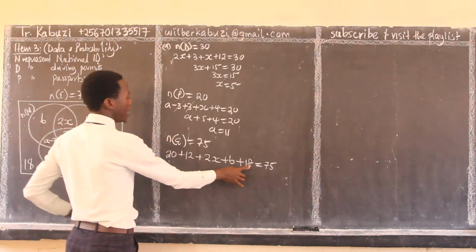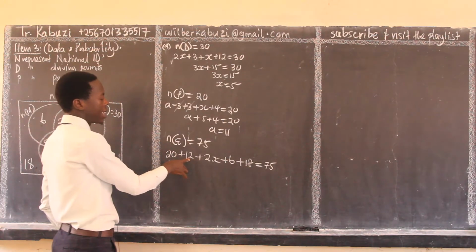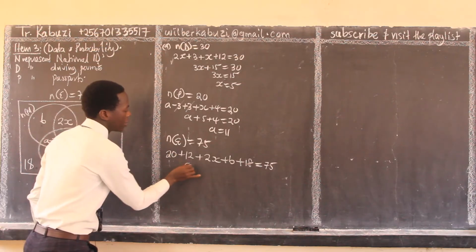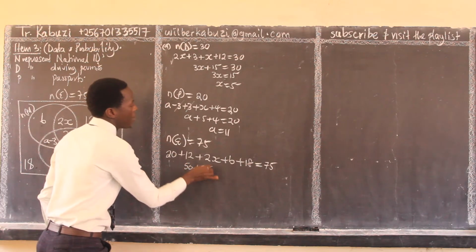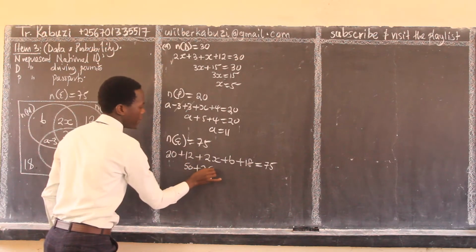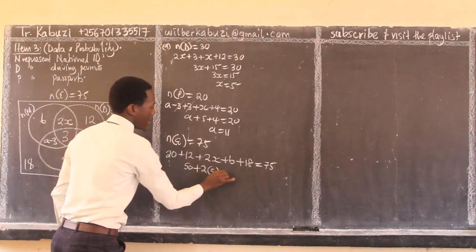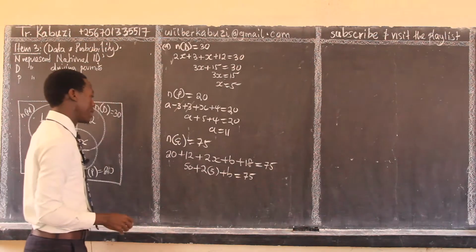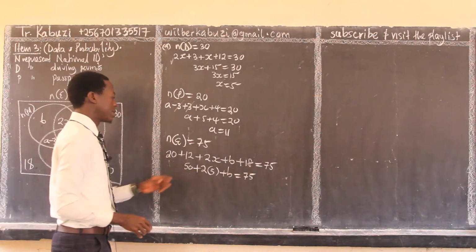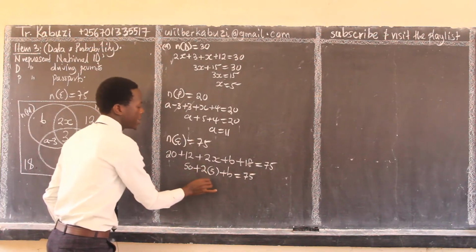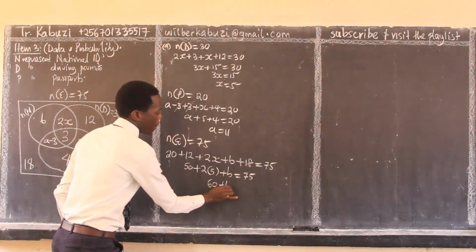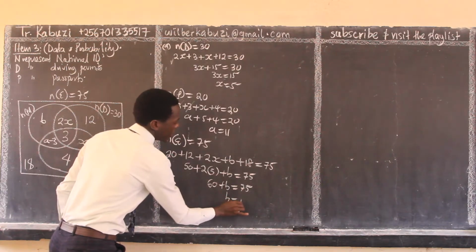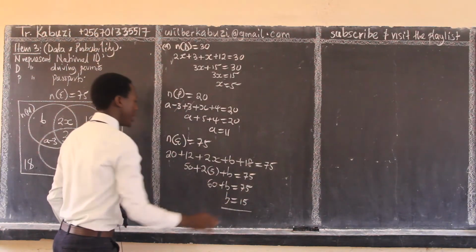So from here, we are going to get our 30 plus this to get 50. So 50 plus 2, our x, remember, is 5, plus b, giving us 75. So this one is going to be 60, because this will be 10 plus this, so 60 plus b equals 75, and see that my b is going to be 15.